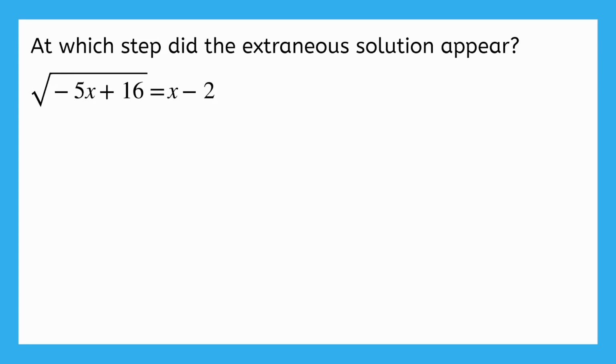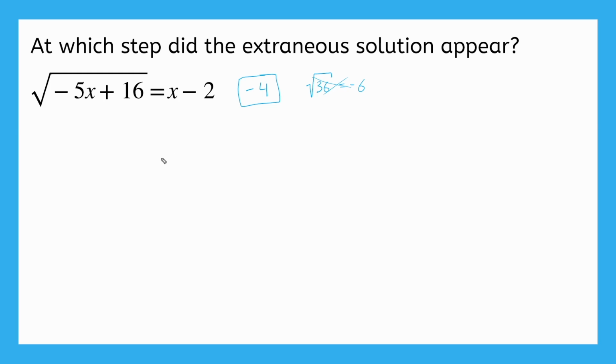All right, so at which step did our extraneous solution appear? Let's go through the steps and plug in negative 4. If you remember from the previous screen, we came up with negative 4 as our extraneous solution. When we plugged negative 4 in, we were left with root 36 is equal to negative 6, and this is not true, so we know this doesn't work for the original equation.